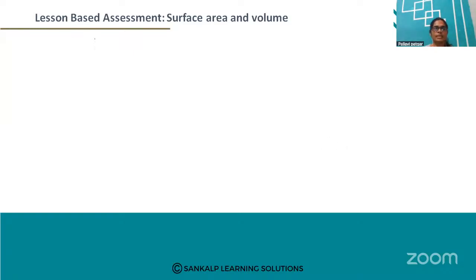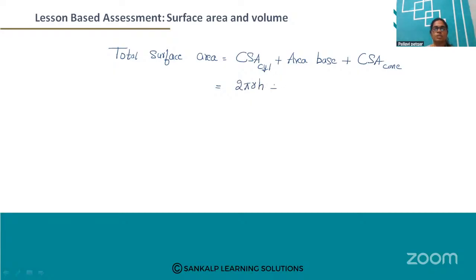Here the total surface area of the solid is the sum of the curved surface area of the cylinder and the area of the circular base plus the curved surface area of the cone is equal to, here curved surface area of the cylinder is 2 pi rh plus base is pi r square plus this curved surface area of cone is pi r L.